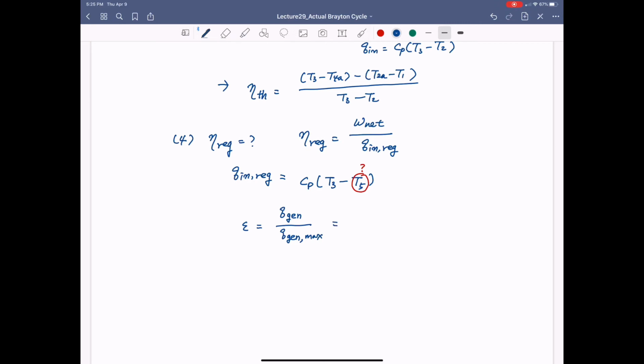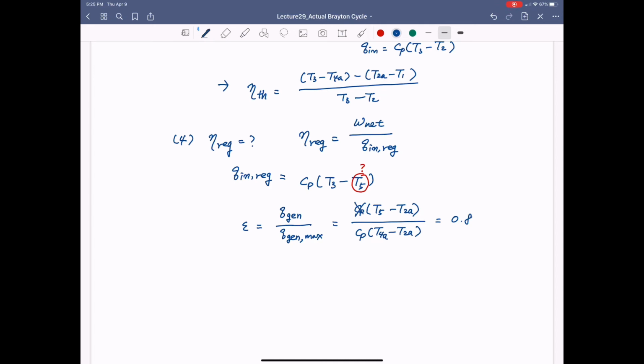So this Q is CP (T5 minus T2A) divided by CP (T4A minus T2A), because everything is in realistic actual values, and that is 0.8.